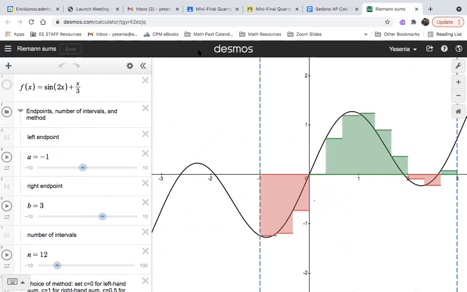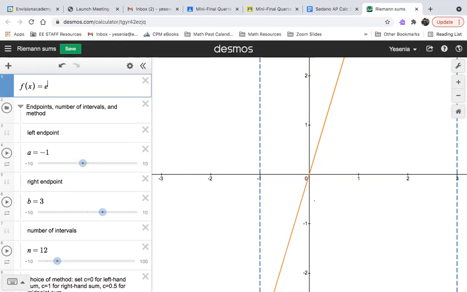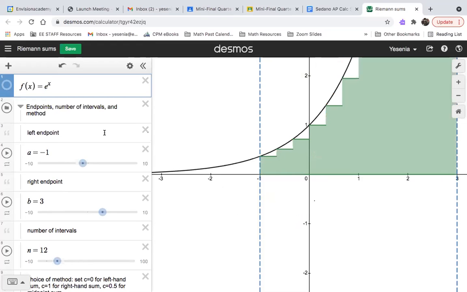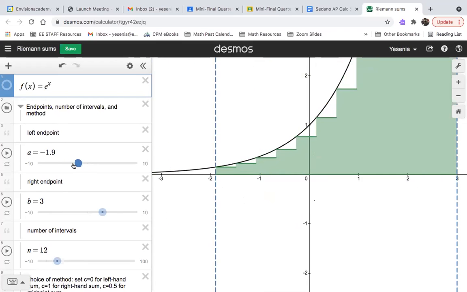you get this. So this is actually a Riemann sums kind of calculator. What you can do is you see here, you could change this to be any function you want. You could type in the e to the x function. And you could also put where you want it to start and where you want it to end. So A is your start.